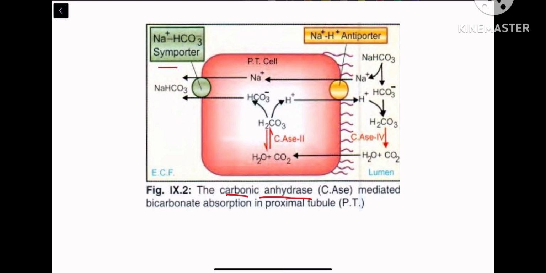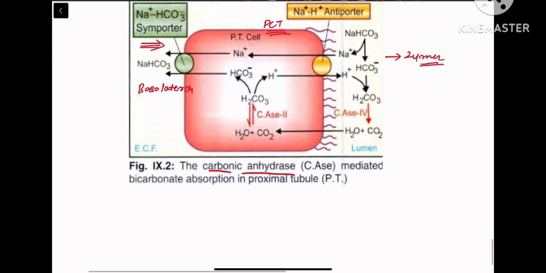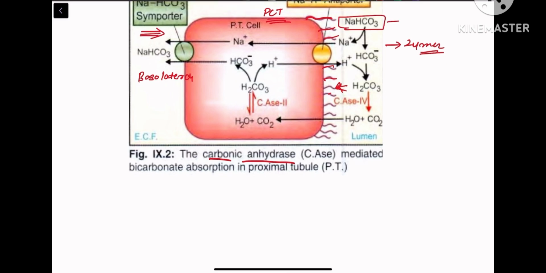So this is the basolateral side. This is the luminal side. Here, this is the PCT cell, and these are the cilia where they are absorbing the filtrate. In the renal filtrate, we find sodium bicarbonate split into bicarbonate ion and sodium ion.